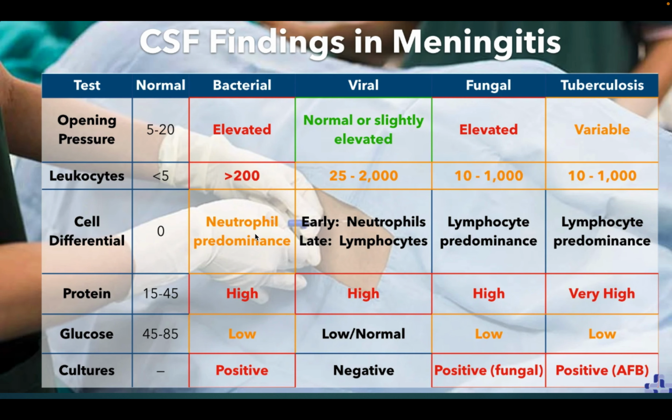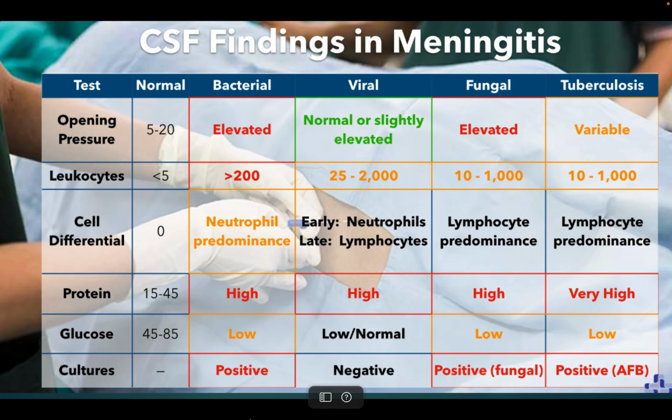Proteins are high, even more than 100, where the normal range is between 15 to 45. The glucose is normally between 45 to 85, and in bacterial, because the bacteria use the sugar for metabolism, the glucose in the CSF is low, and of course there can be a setting where the cultures are positive.